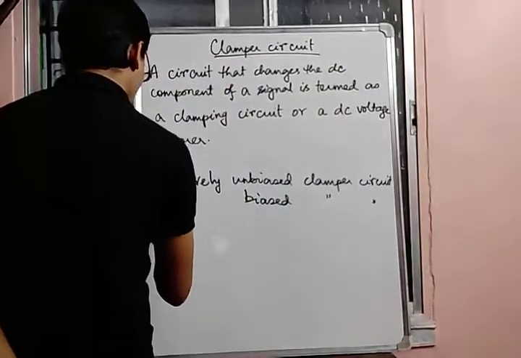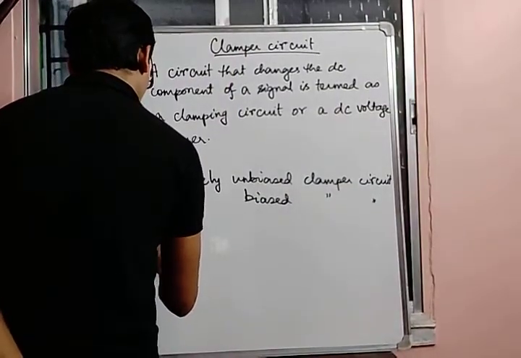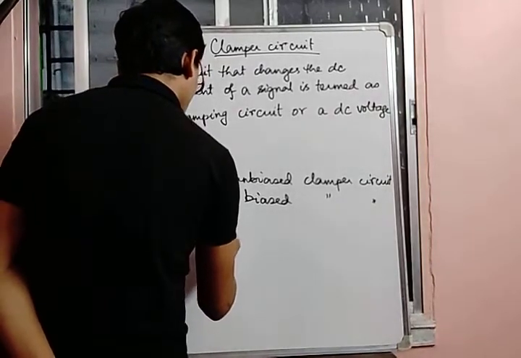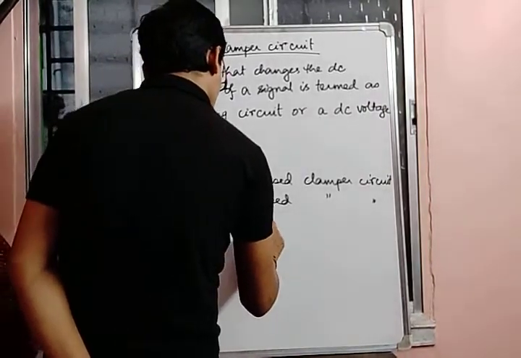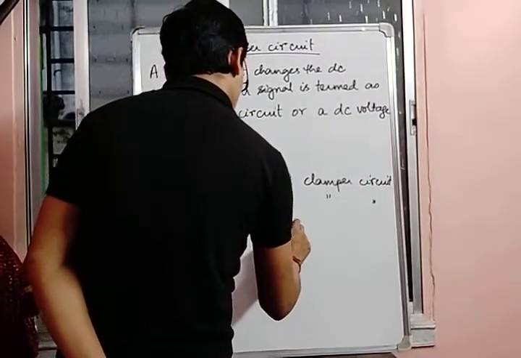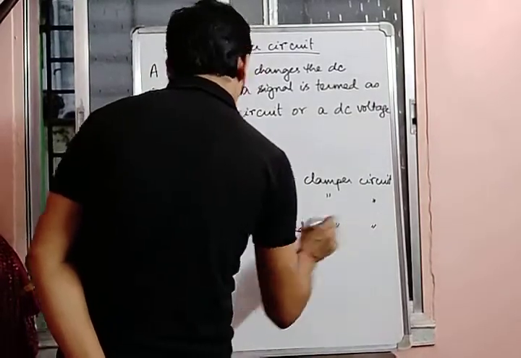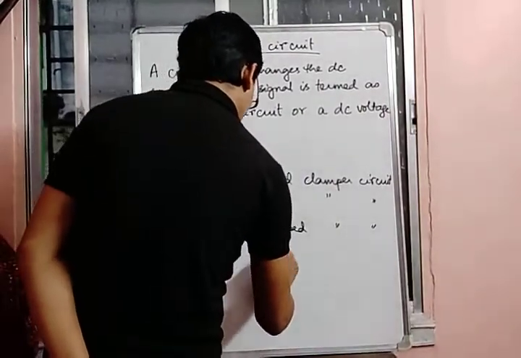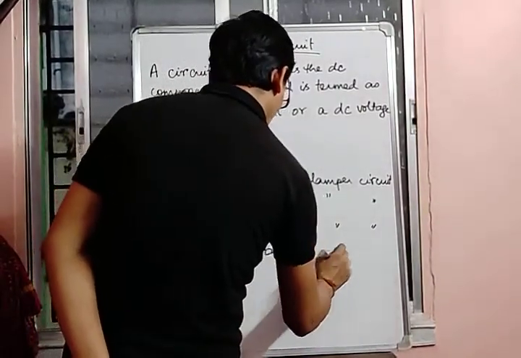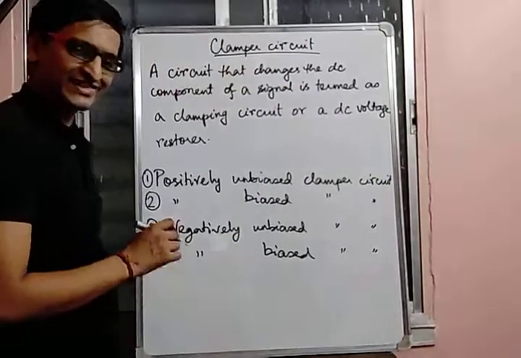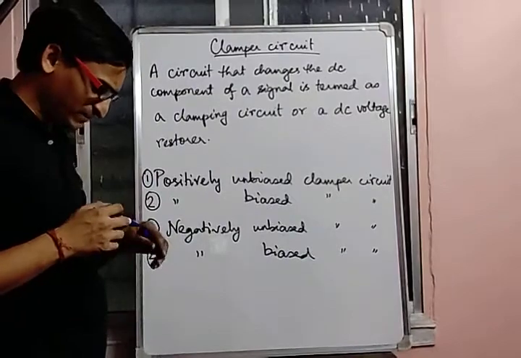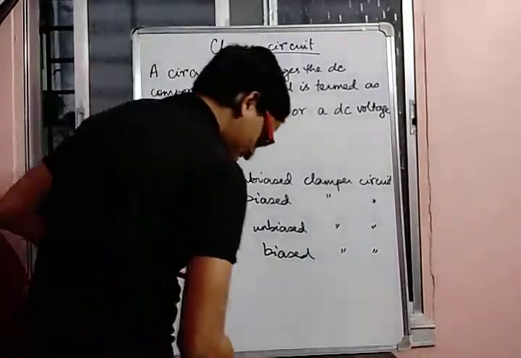The third one is the negatively unbiased clamper circuit. And the last one is the negatively biased clamper circuit. So these are the four types of clamper circuit which we will be seeing in today's class. First of all, let us start with the positively unbiased clamper circuit.